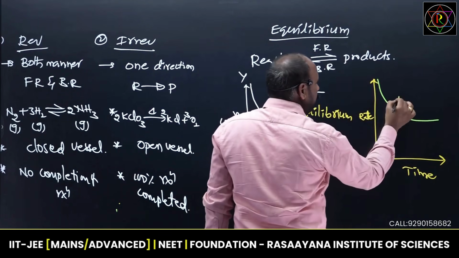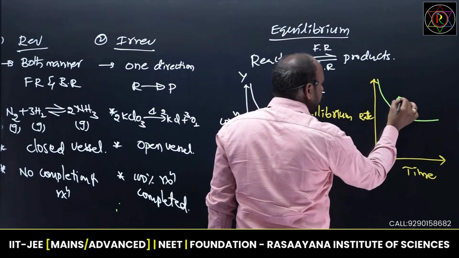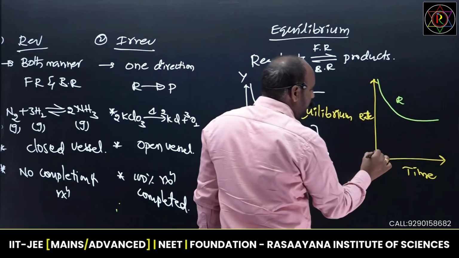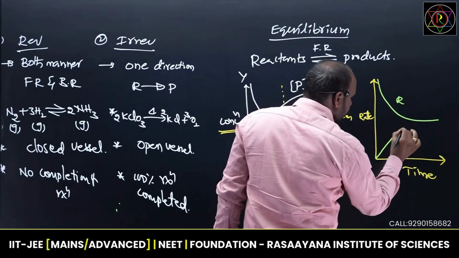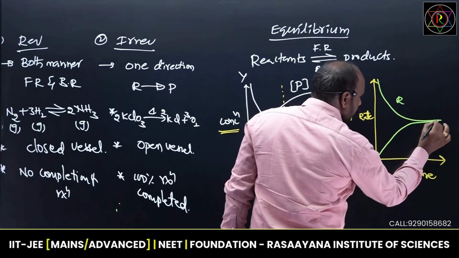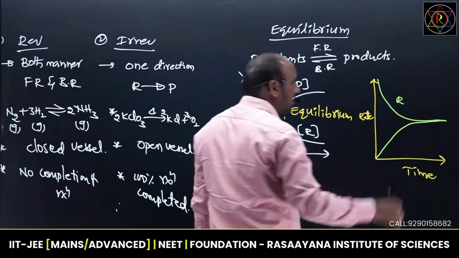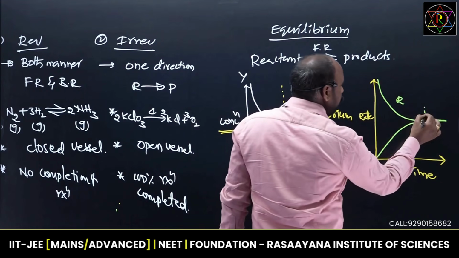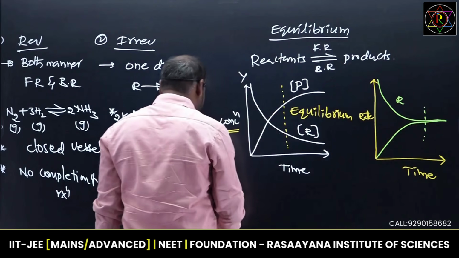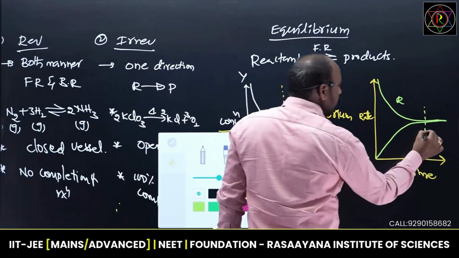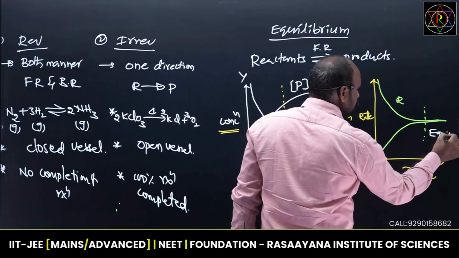This is about the reactant molecules. At the same time, the product rate will increase. Both are the same at one particular condition, and that condition is known as equilibrium.